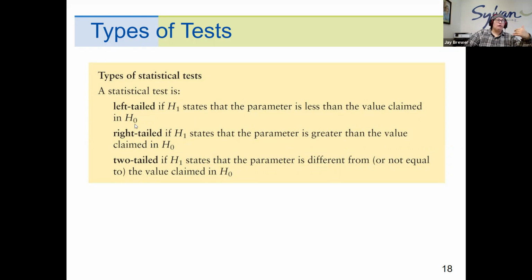Right-tailed if H sub 1 states that the parameter is greater than the value claimed in H sub 0. And two-tailed if H sub 1 states that the parameter is different from, in other words, not equal to, the value claimed in H sub 0. Definitely go ahead and pause the video and write those down.